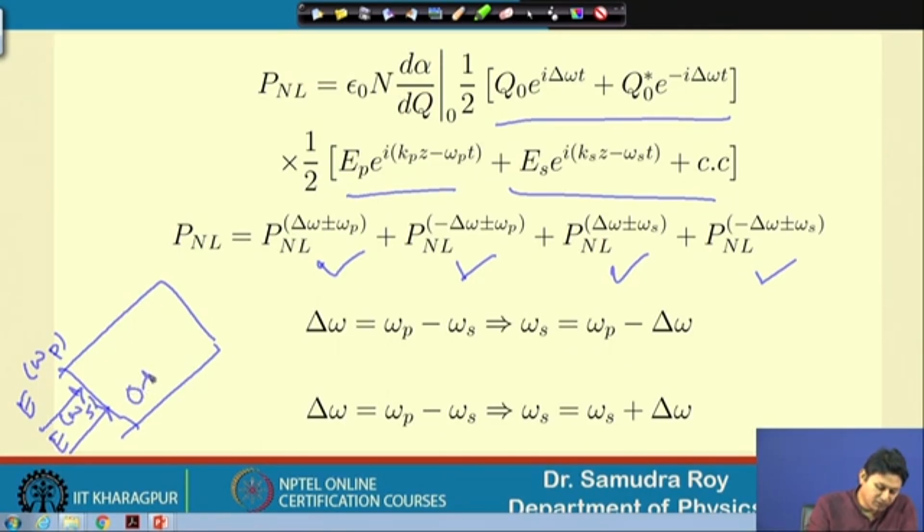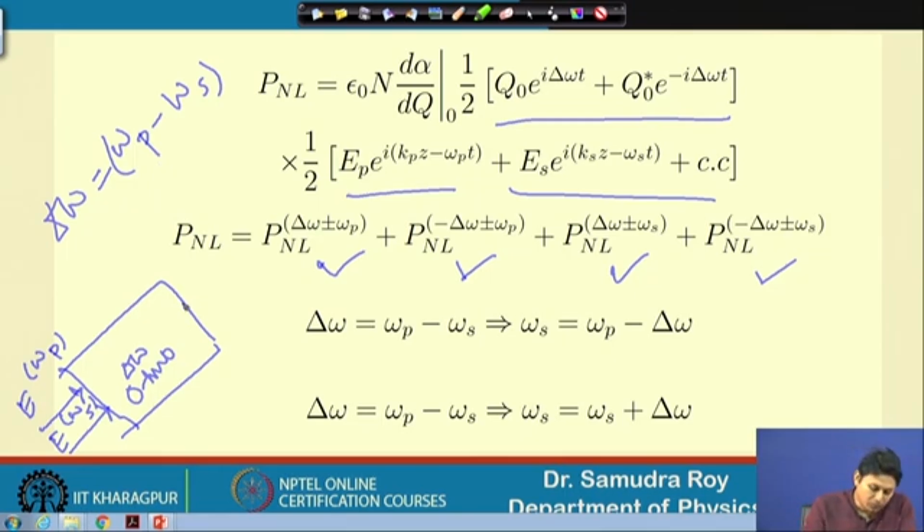Molecules are here, and due to the interaction they are now vibrating with a frequency delta omega. So, delta omega is equal to omega p minus omega s.